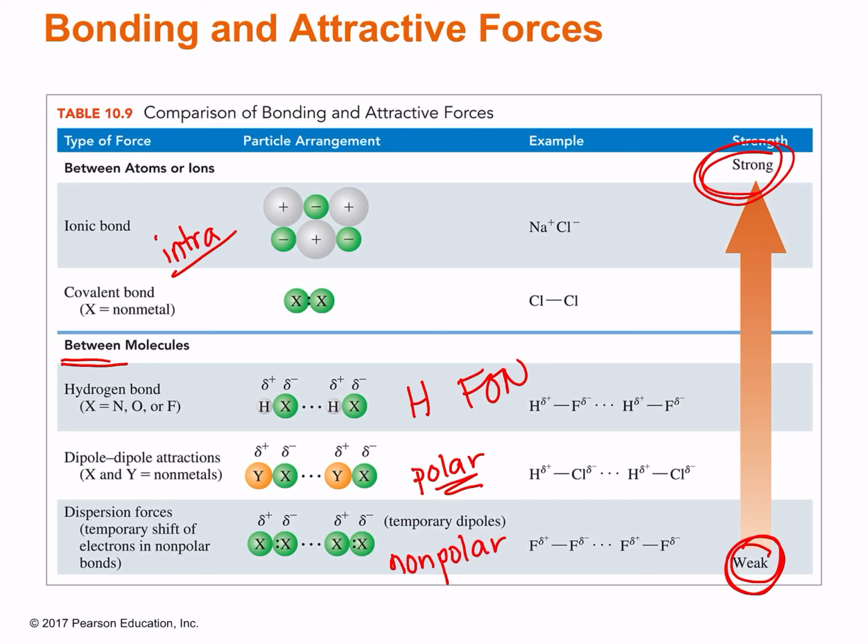So strong intermolecular forces will have high melting points and high boiling points. Weaker ones will have lower melting points and lower boiling points. I would expect you to be able to relate that to the intermolecular forces.